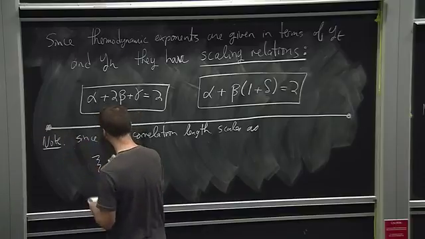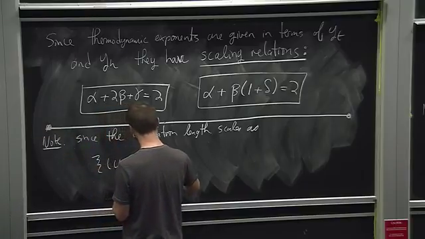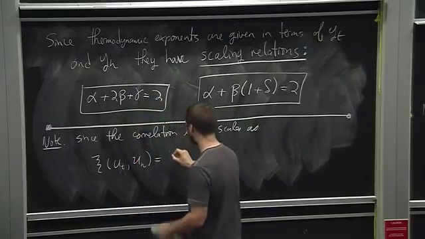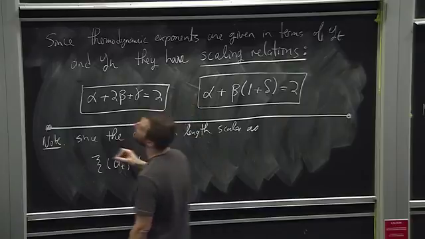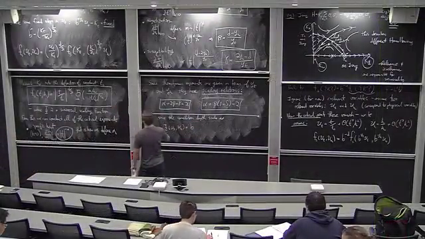Instead of the free energy, let me just write the correlation length, ξ(t), assuming there's an h. Instead of b to the minus d, it's simply b for every iteration, so I'm replacing basically that equation there.